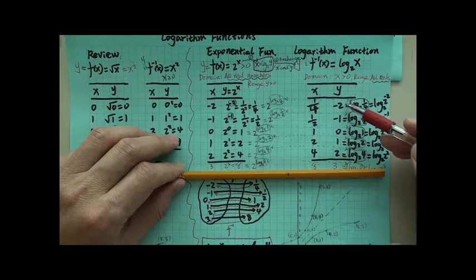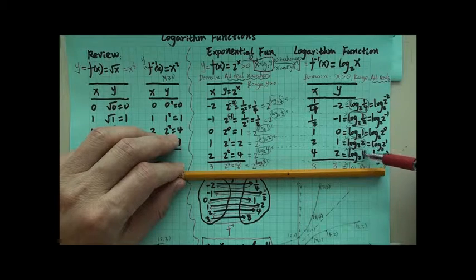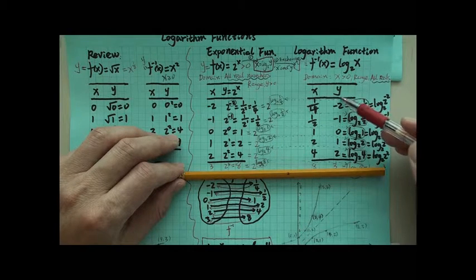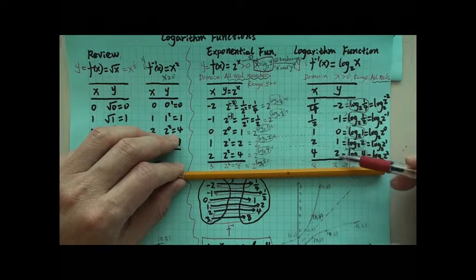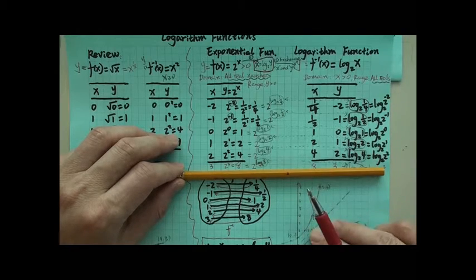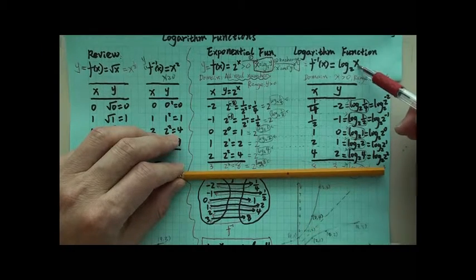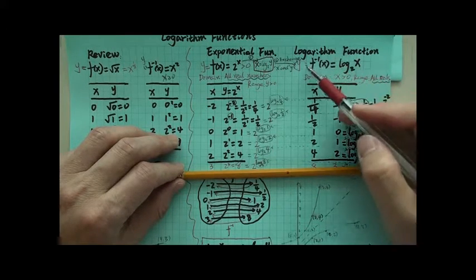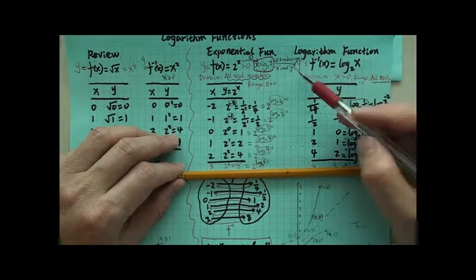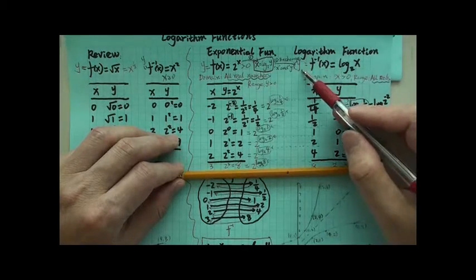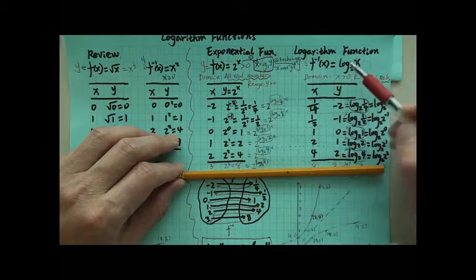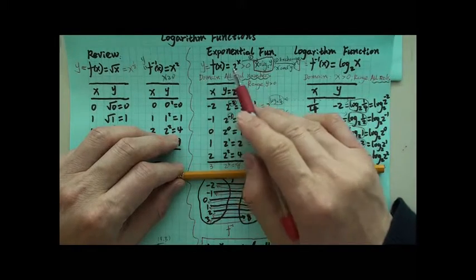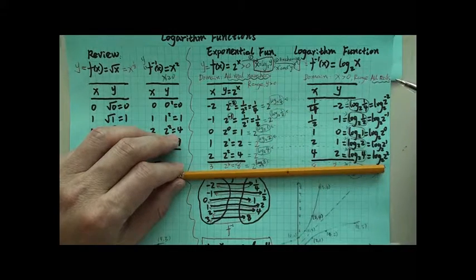The input, the independent variable, is always x, and the output variable, we always use y. So that's why right here we write log base 2 of x, instead of y. And the answer is y equals that. Y is the output. So this function y equals log base 2 of x will be the inverse of this one, y equals 2 to the x.